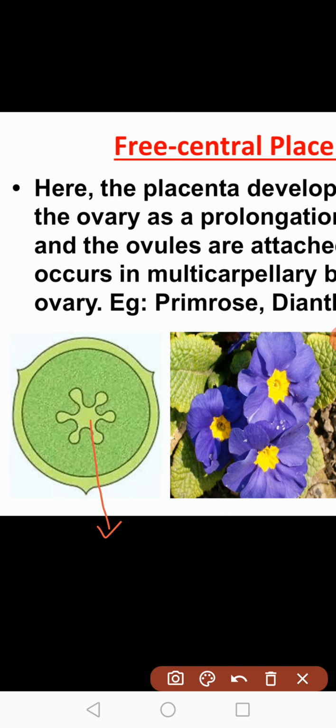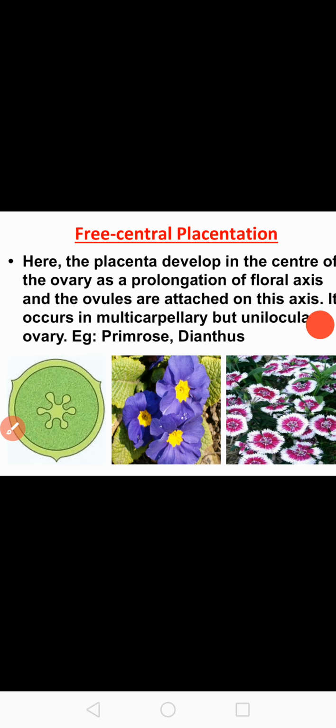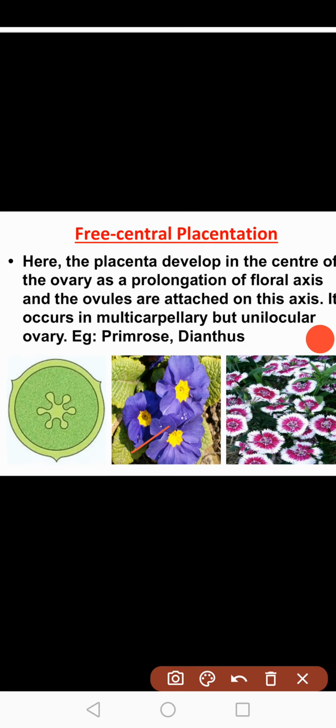But the difference between the axial and the free central is that in free central the septum or the septa are absent, but in axial placentation the septa are present. This is the difference between the axial and the free central placentation, and this type of placentation is seen in primrose, this is the primrose flower, and dianthus. In these flowers free central placentation is formed.